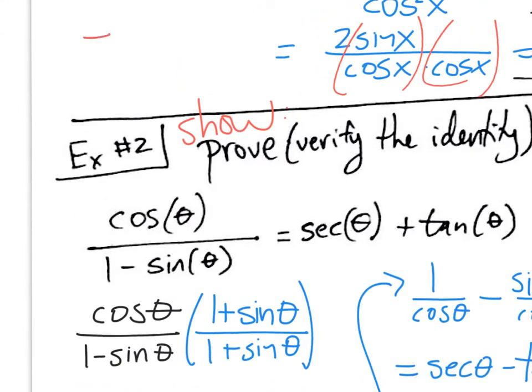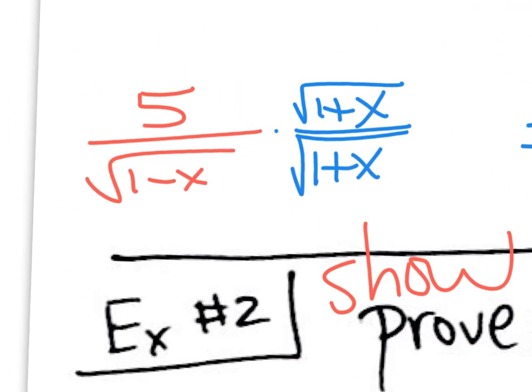We've had stuff like, if you have 1 minus square root of x, where you multiply by what a lot of the time is called the conjugate, so 1 plus square root of x, where we change the sign and we multiply both top and bottom by it. This is just an example of something that you have seen in the past.